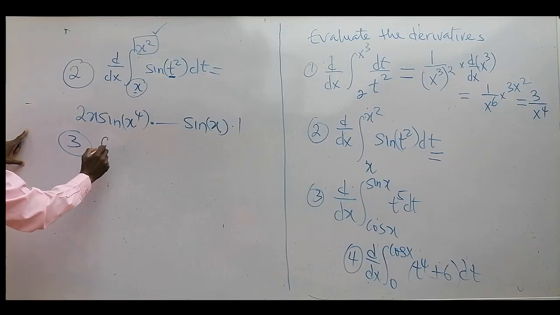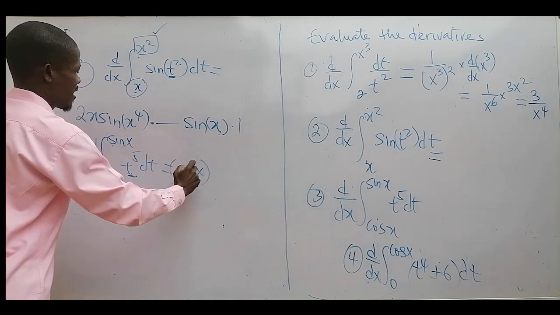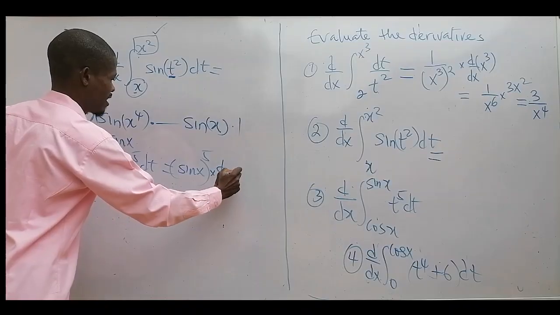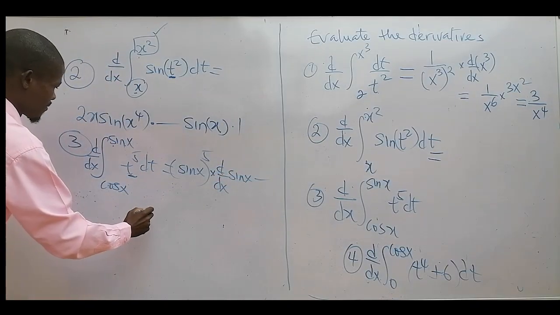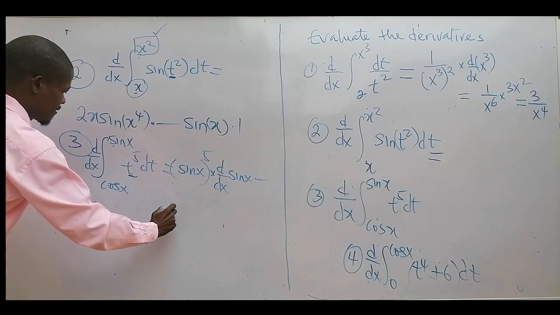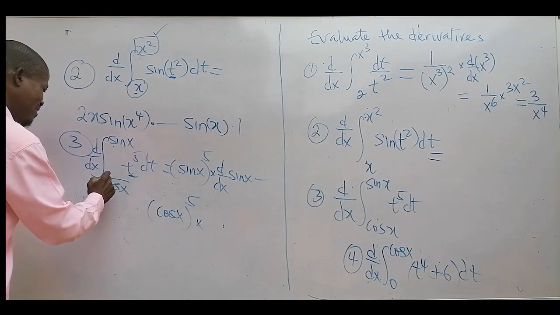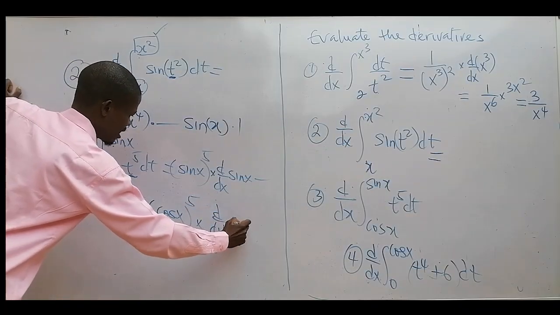We have the integral with d dx, sine x here. Do your substitution. T is sine x to the power 5, then times the derivative of sine x, minus your lower limit. Do your substitution: cos x to the power 5 times the derivative of that lower limit, d dx of cos x.